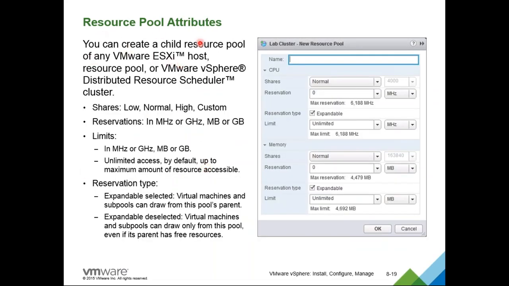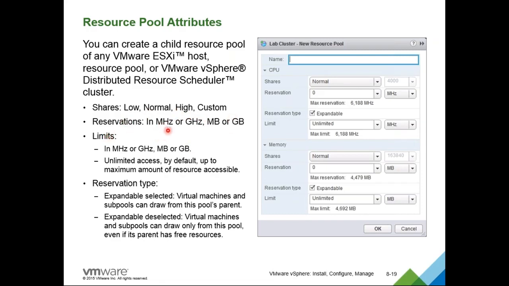So resource pool attributes, that is your CPU and memory management methods. Those are shares, reservations, and the limit. You can create a child resource pool of any VMware ESXi host resource pool or VMware vSphere DRS cluster. Under shares, you have various attributes: low, normal, high, and custom.